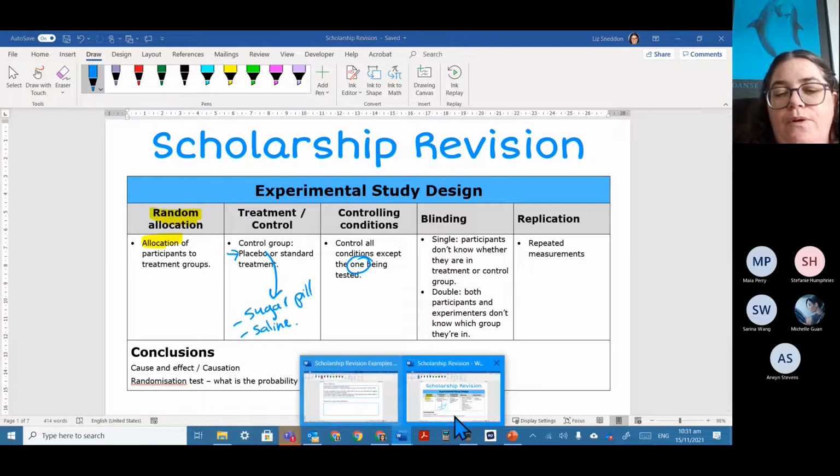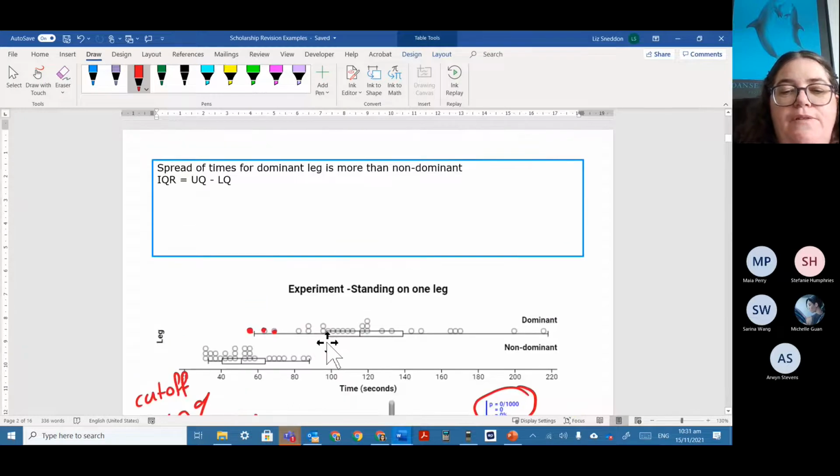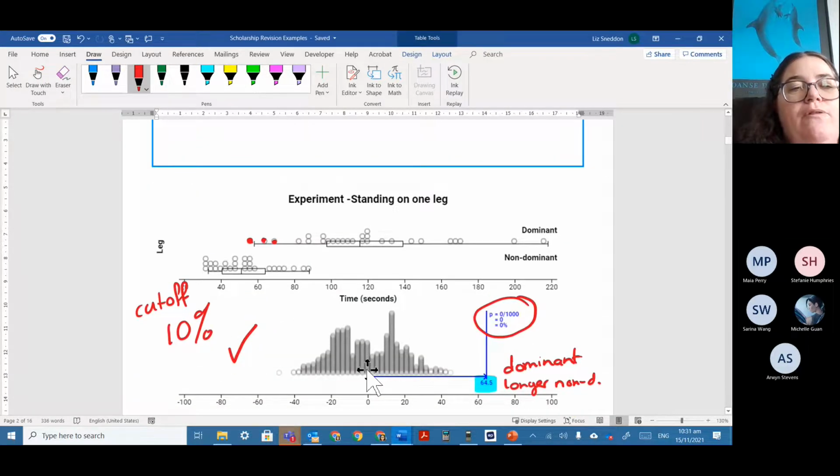So in terms of the data, if I think about each of these points, one randomization would take, for example, this particular person down here who happened to stand on their dominant leg for about 220 seconds, and it will flip a coin and decide, is that now going to go into the dominant or non-dominant group?